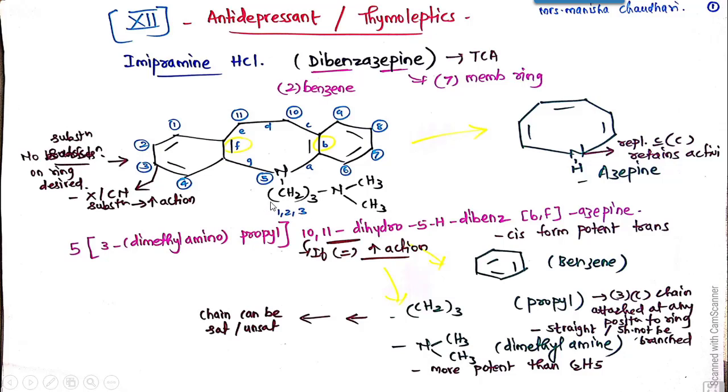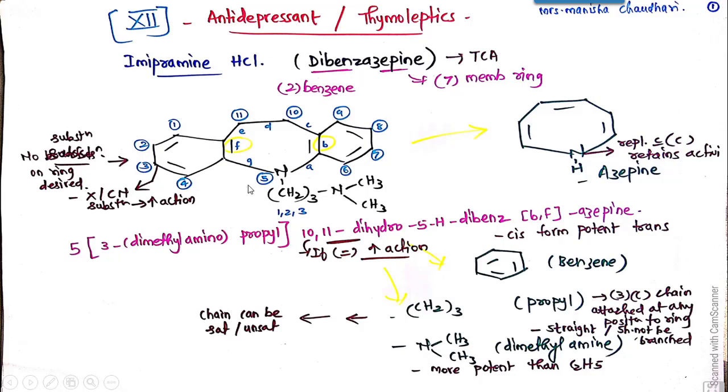This dimethyl amino propyl group is present at the 5th position of the dibenzazepine ring, which is a side chain, or you can call it a substituent.